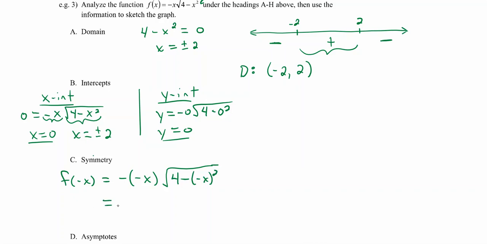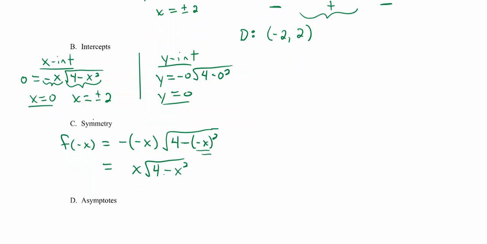So that is equal to just x times the square root of 4. Now I know this looks like plus. I almost made that mistake too, but it's negative x squared, so that's going to become positive, and then we're just minus that, right? So minus x squared.